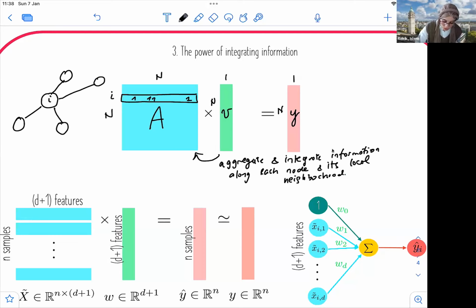When we do this multiplication, I have an input vector here, and this input vector gets multiplied by the horizontal row right here. It's a weighted sum, and I'm going to keep only the values here.